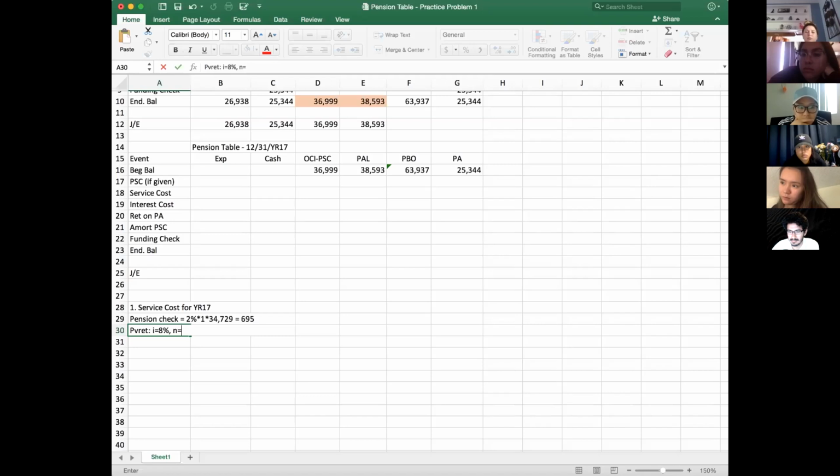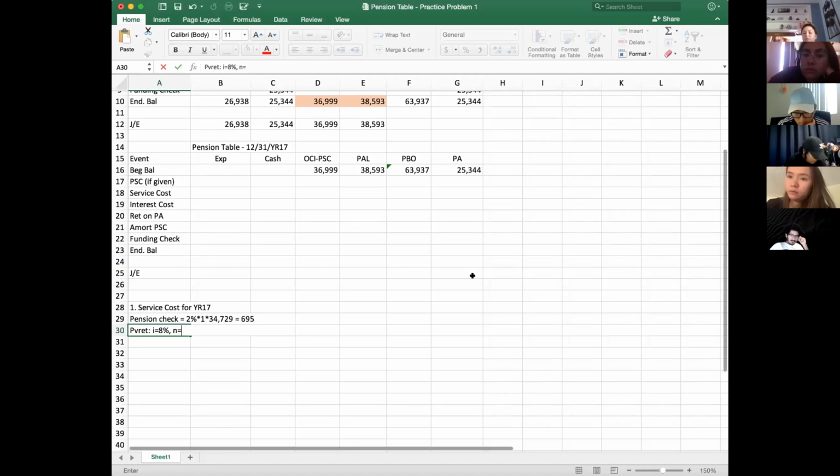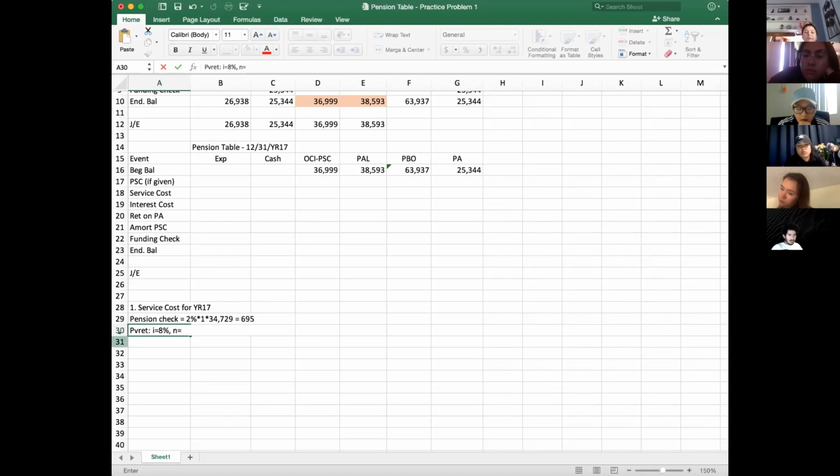We didn't talk about the case where our actuarial assumptions change. Therefore, in the first present value calculation, the number of periods that goes into the present value calculation is always the number of retirement checks paid. Therefore, 10.